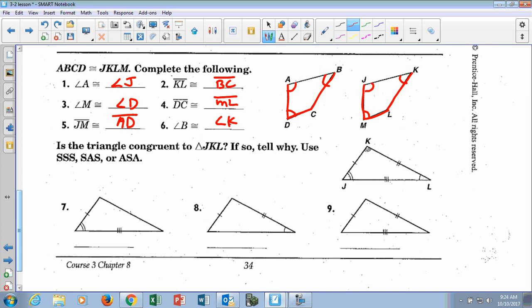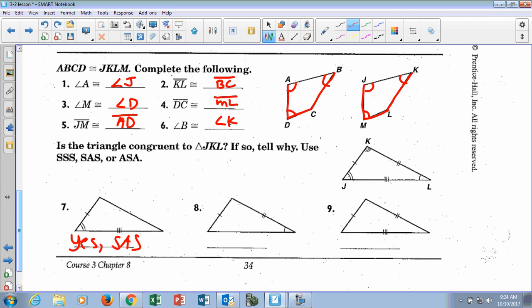So yes or no? So he says yes. And because, again, you got a side, you got an angle, and you got a side. Very good.